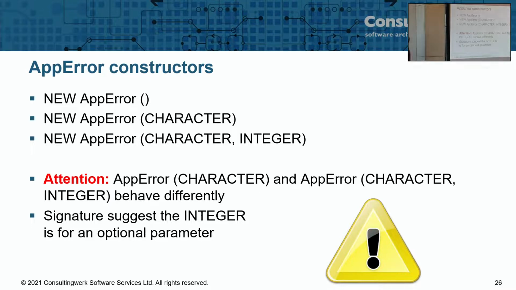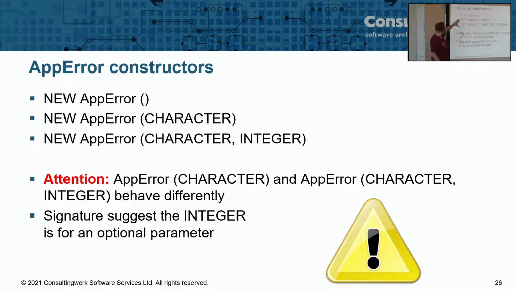When you throw errors using the new syntax, there's one thing you need to be very careful about. And I would really call that a design bug of the app error class. So the app error class is the base class for errors raised by the program, not the Progress runtime. And it has three constructors. One without any arguments, one with a character, one with a character and an integer.